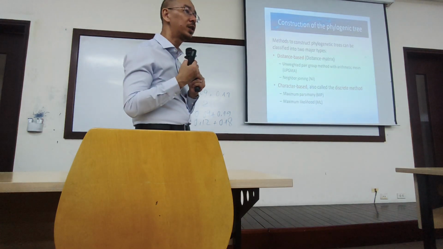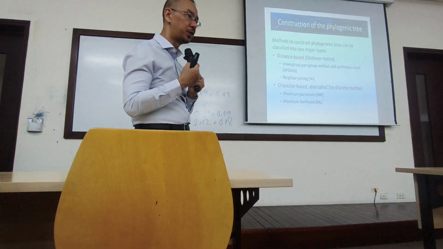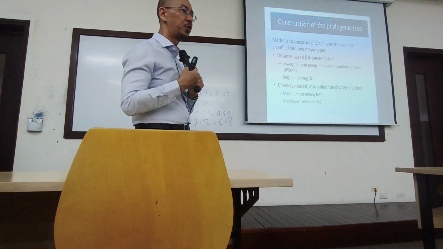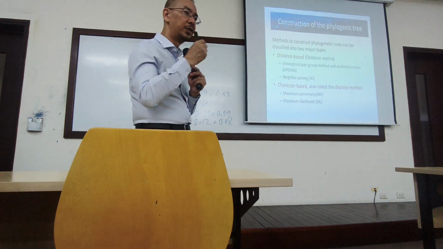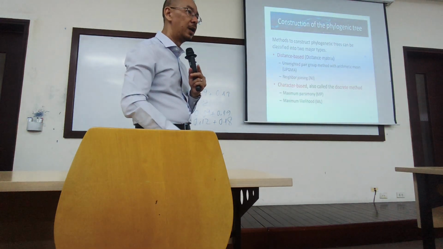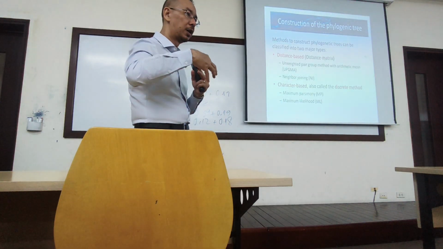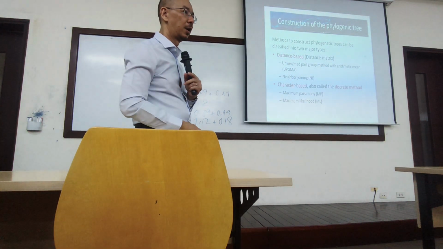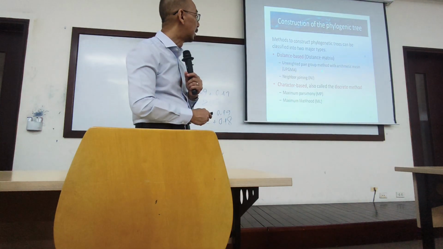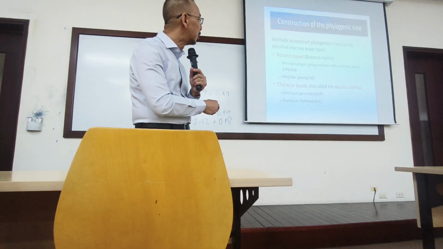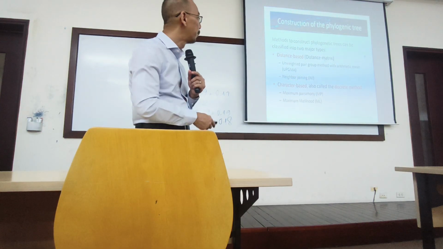Because we input the sequences, we calculate the distance between two sequences, and then based on the distance, we group sequences into one cluster, and then continue in order to join one organism or one sequence to the other organism. That's the distance method, and the approach will be shown in an example.